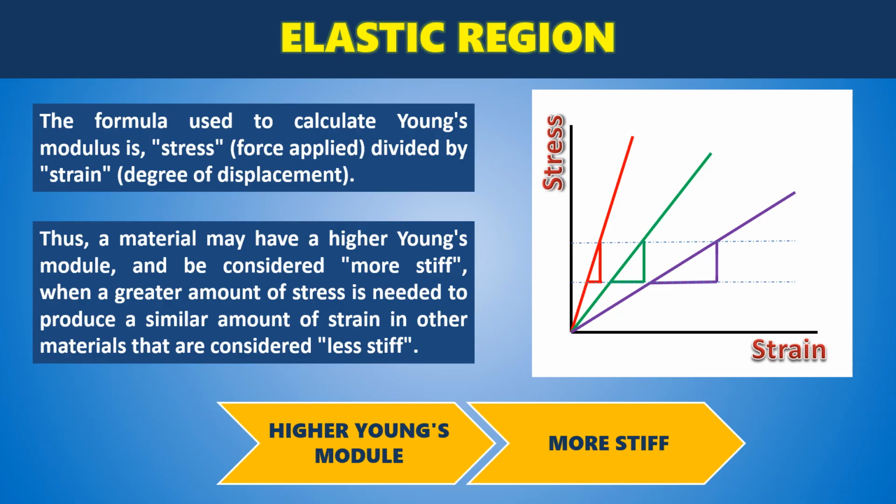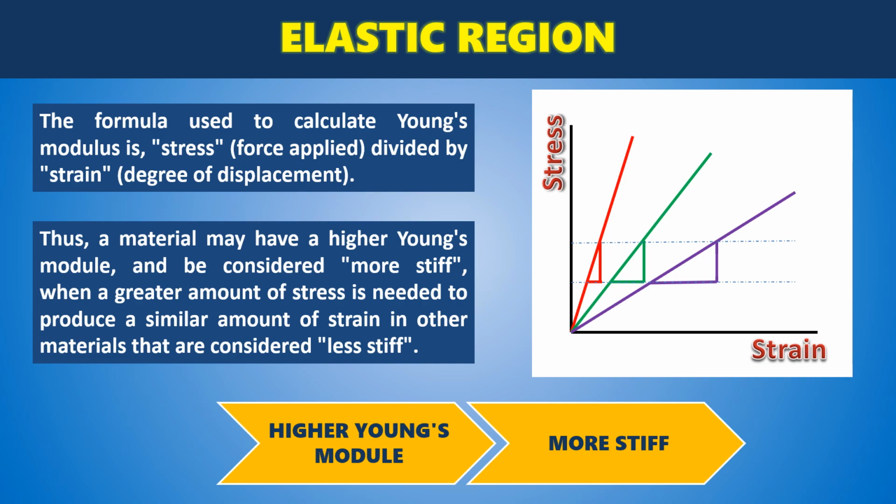That means material A is stiffer than material B, or material A is the stiffest material in this stress strain curve, while material C, the purple one, is the most flexible material when compared to material B and material A.